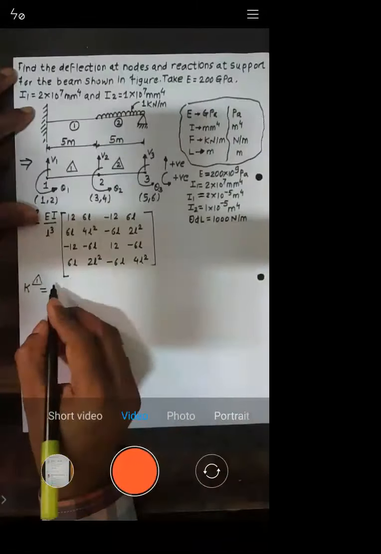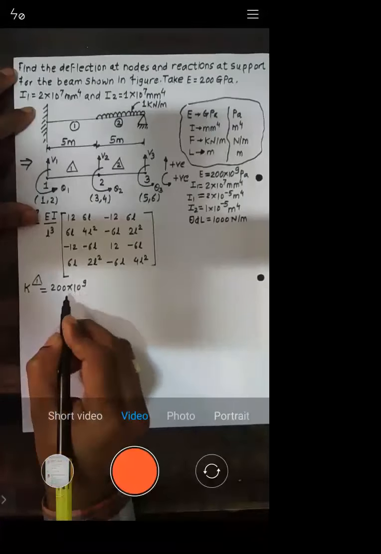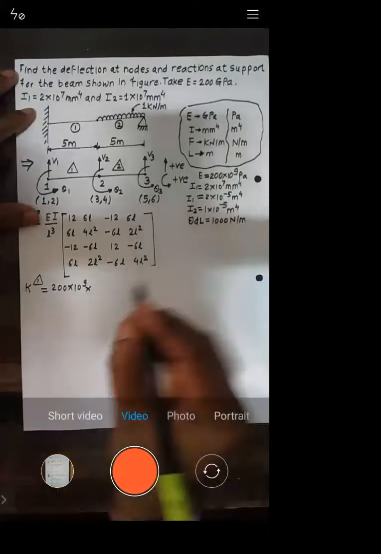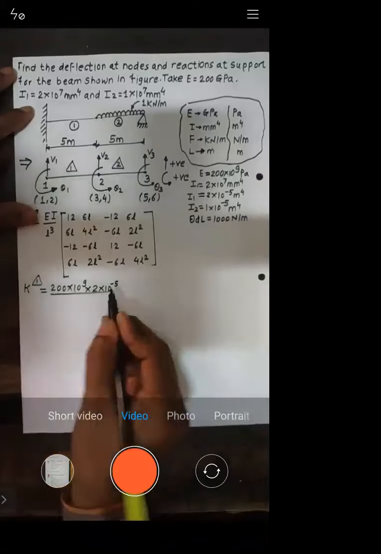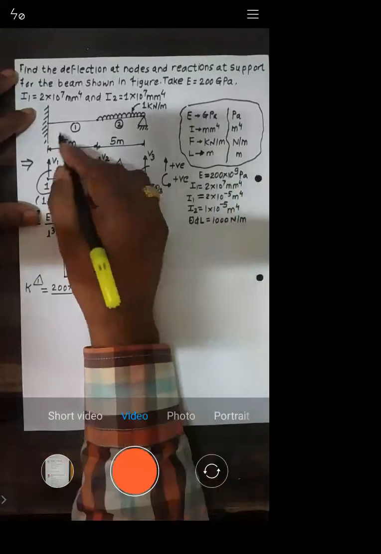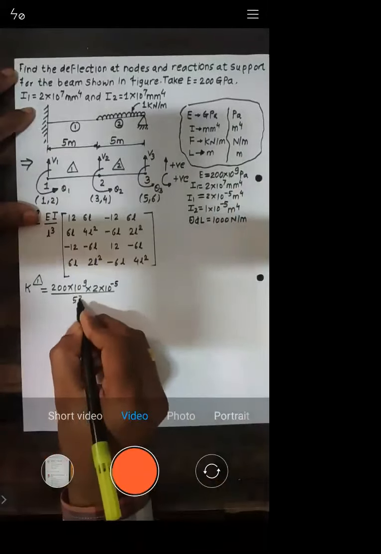It is 200 into 10 raised to power 9, E, into I. I for element number 1 is 2 into 10 raised to power 2 into 10 raised to power minus 5. So EI by L cube. What is the length of the first element? It is 5, so 5 cube.